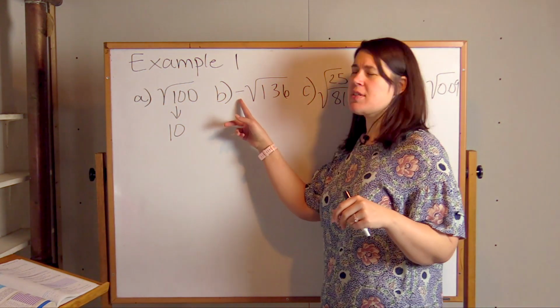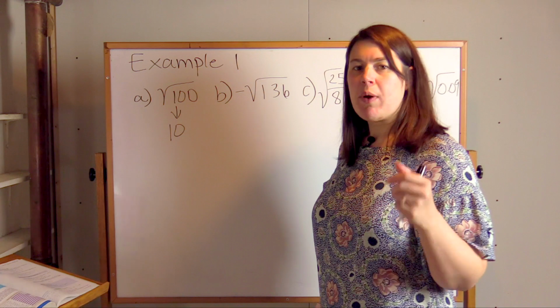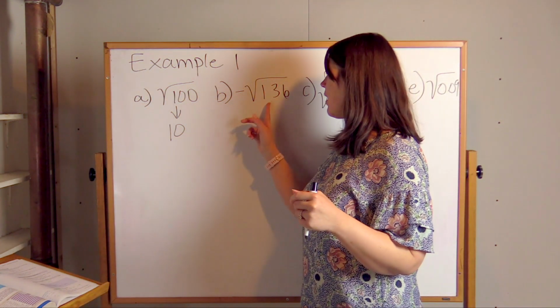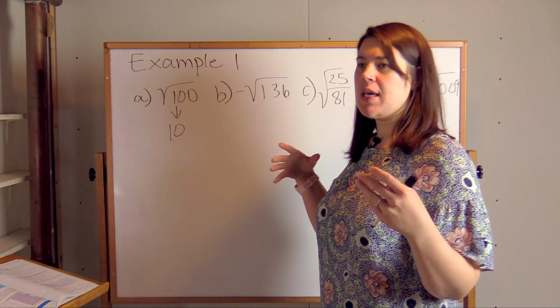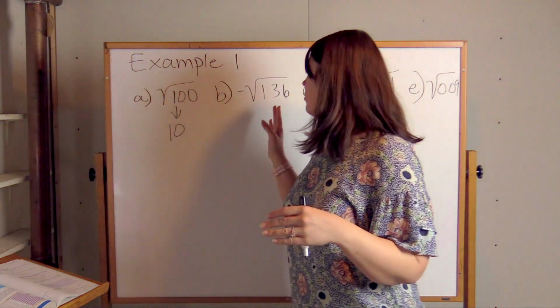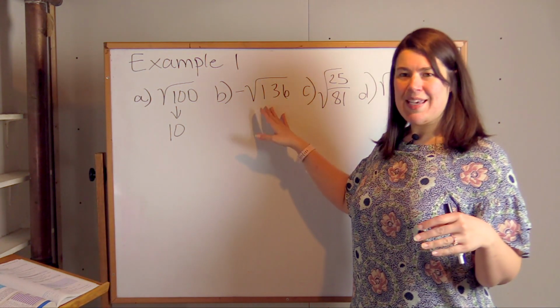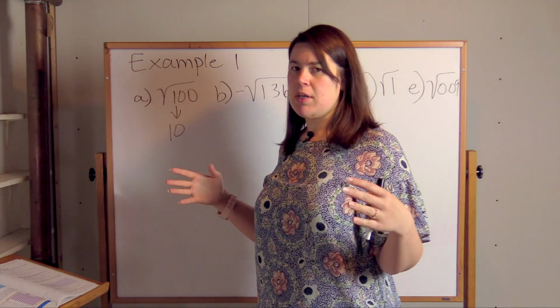Okay, notice the negative sign is outside of the symbol. So what this means is the opposite of the square root. Obviously, if it had a negative on the inside, anything I multiply times itself can never equal a negative number.